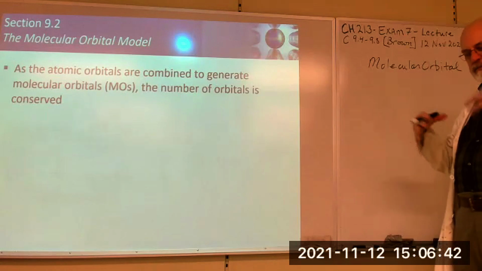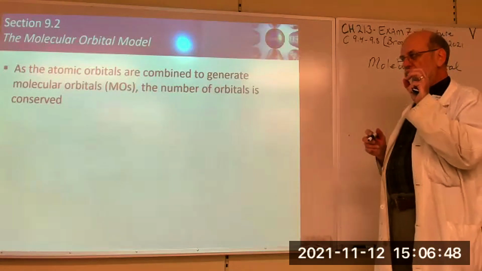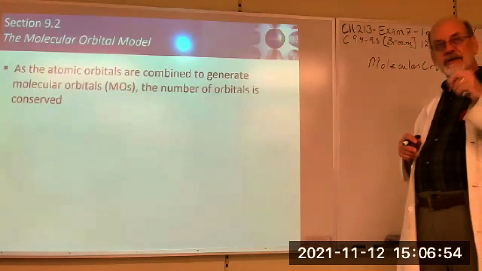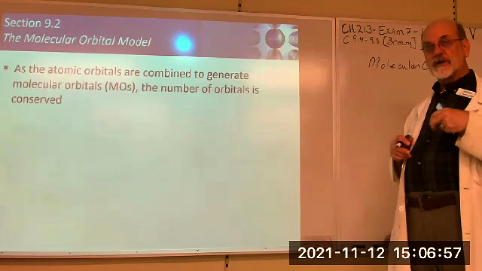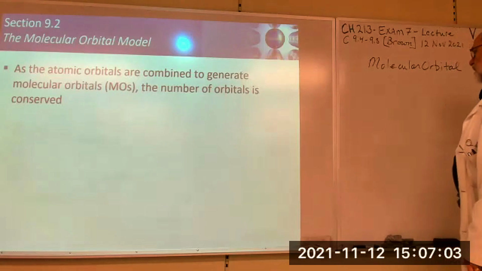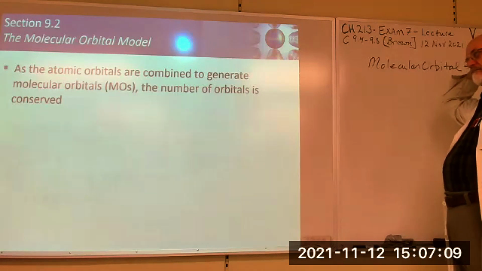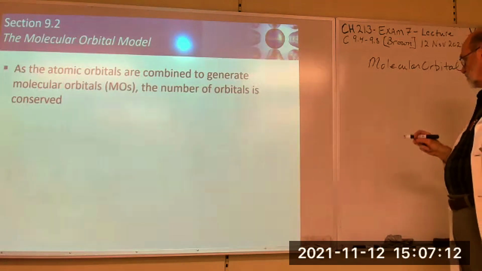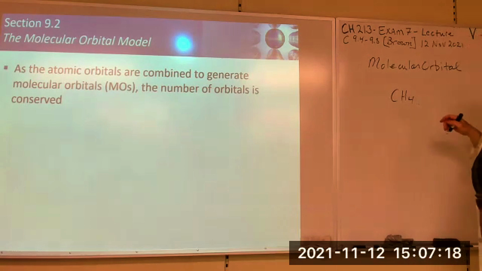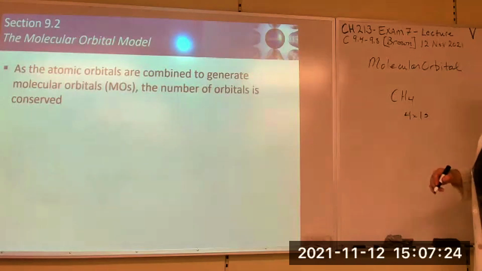When a molecular orbital model is proposed for a given molecule, the number of molecular orbitals that are constructed are equal in number to the atomic orbitals that were put into the construction. So let's use methane. How many atomic orbitals are going in? Hydrogen is donating 4 1s orbitals.